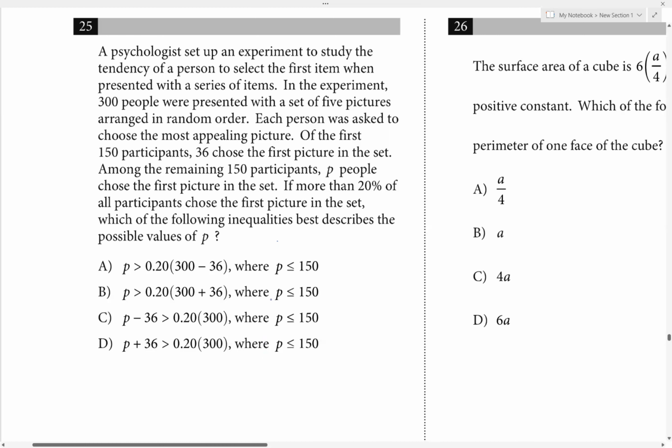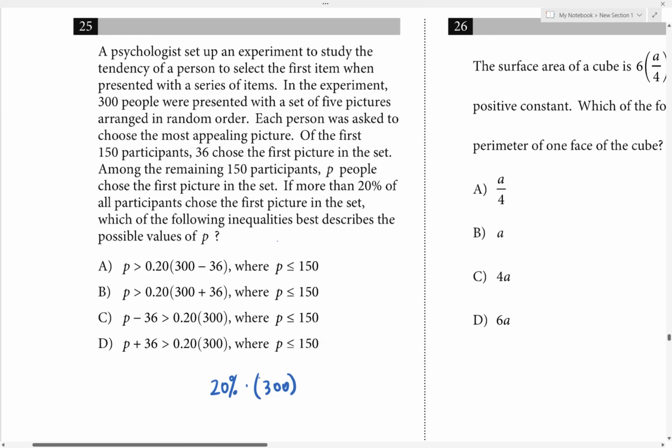If we're going to write down the inequality ourselves, we can say the number of people that chose the first picture is going to be more than 20% of the total. So what's 20% of the total? It should be 20% times 300, because we have 300 people total in the study.